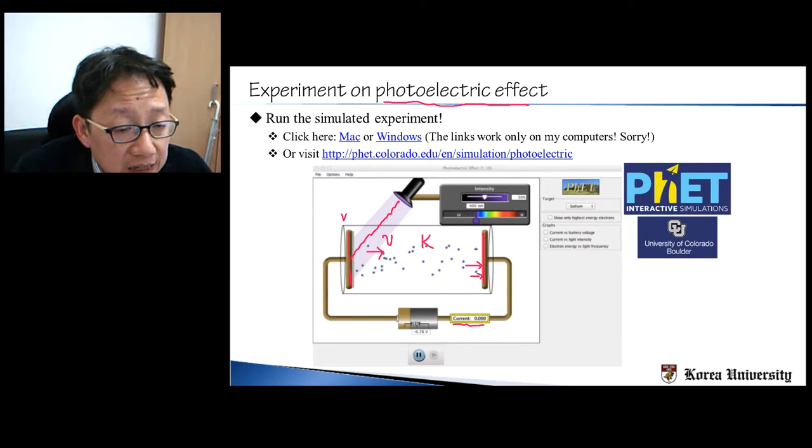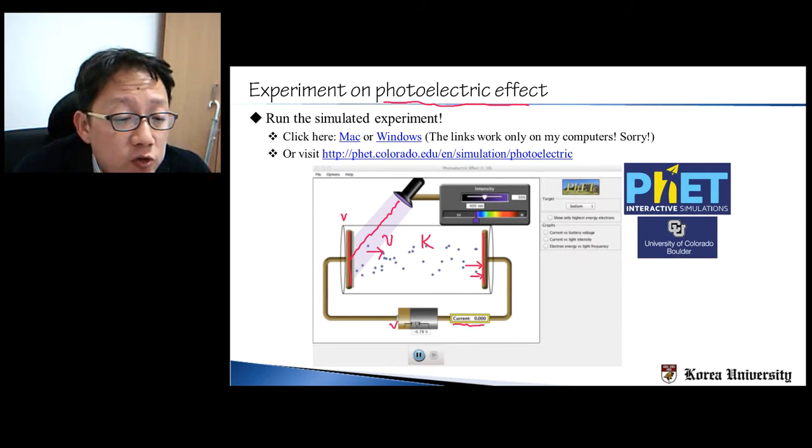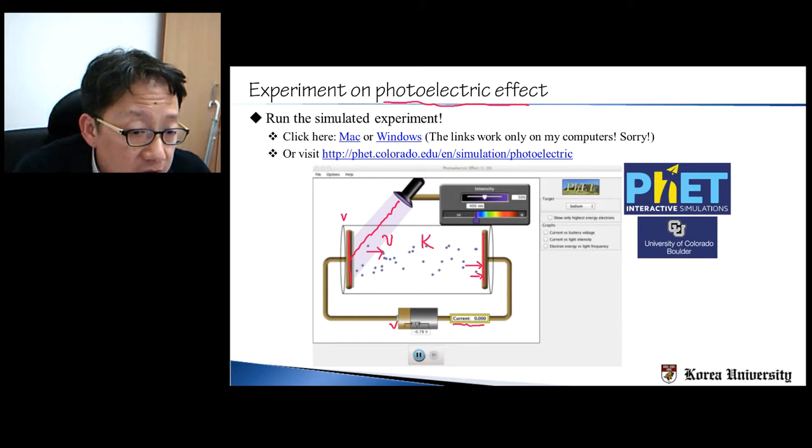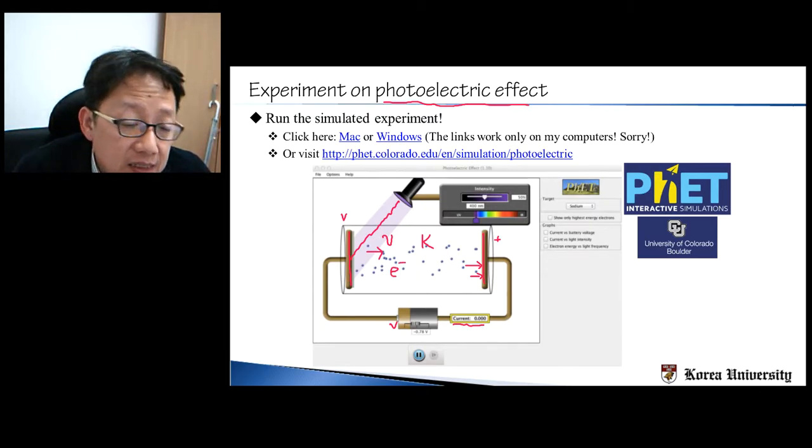And again we also have this battery here from which we can supply the potential difference. Of course, if you supply positive potential here, electrons are negatively charged, so they will accelerate, and then you will read higher current.